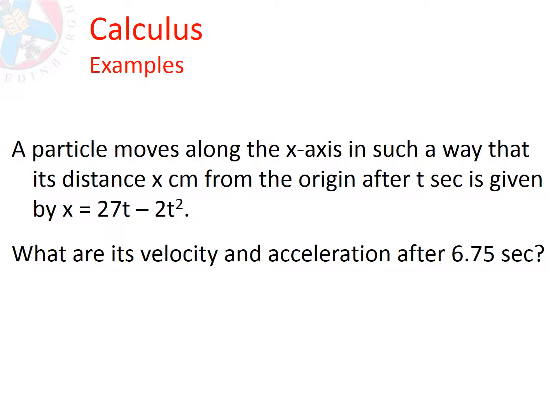Okay, and then if we wanted to know its velocity, we could plug 6.75 into that, which I'm not going to do, and that would give us that instantaneous velocity. If we wanted to know its acceleration, the acceleration is the rate of change of the velocity.